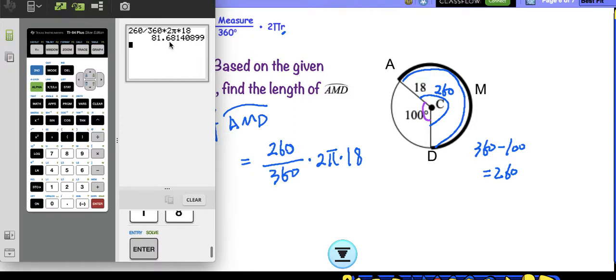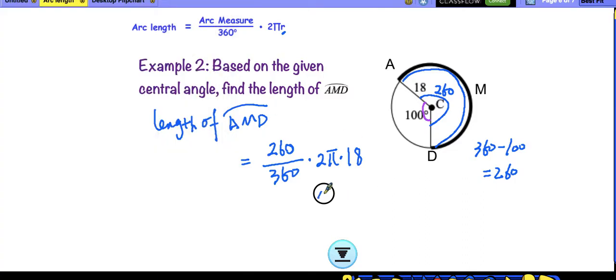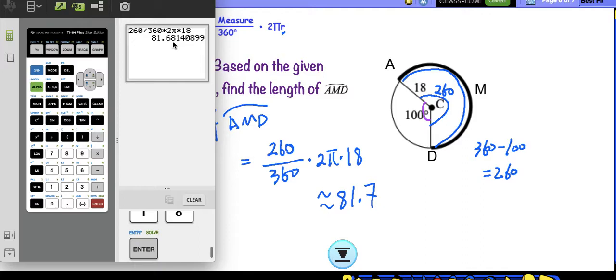Tenth meaning this decimal here, right? 6. So in order to keep this number, we're going to check the next number is 8. 5 or more, it's going to be raised up. So the answer, we can go 81.7, because again, let's go back to check this answer. 8 is greater than 5, rounded up, 81.7. And that's it.